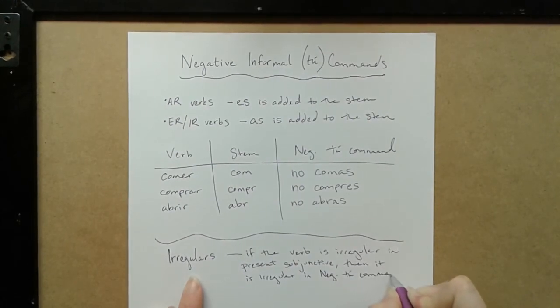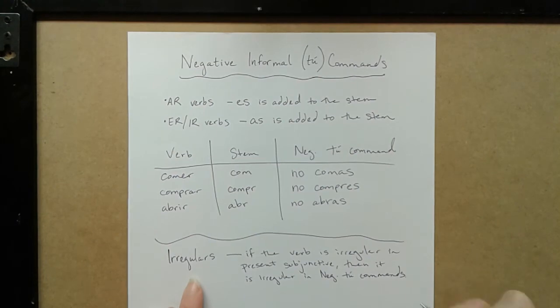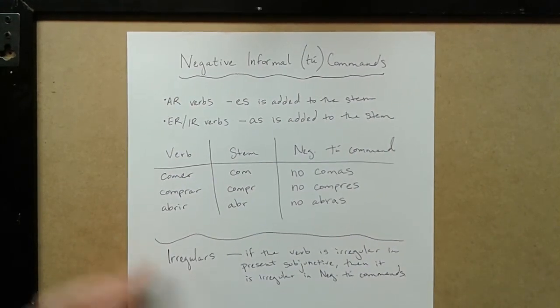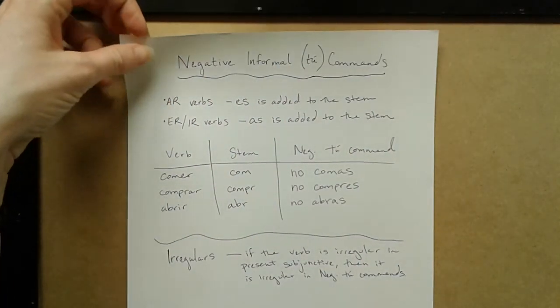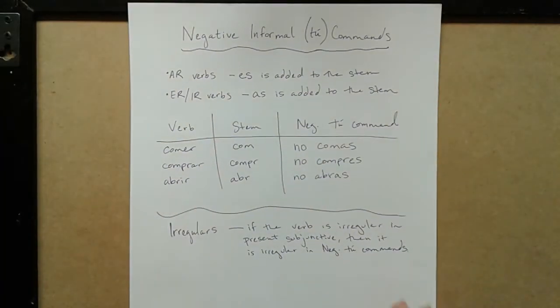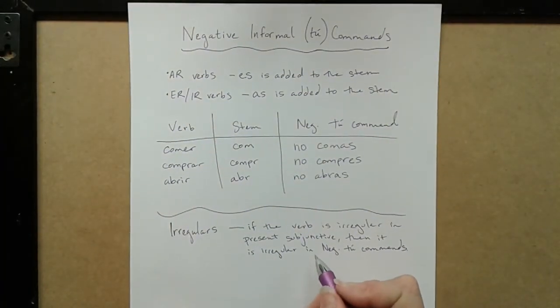And I'll just show you 2 examples of those, either to jog your memory, or maybe it's your first time seeing them. Maybe you haven't gone over present subjunctive yet.